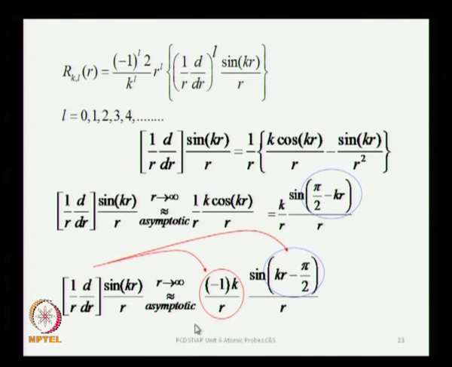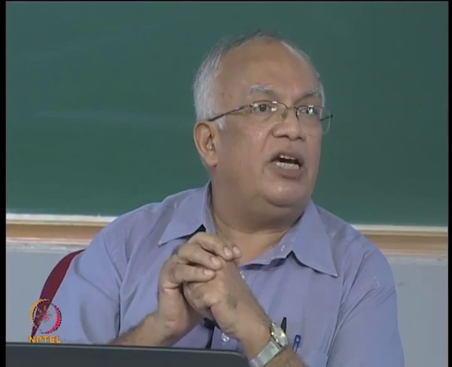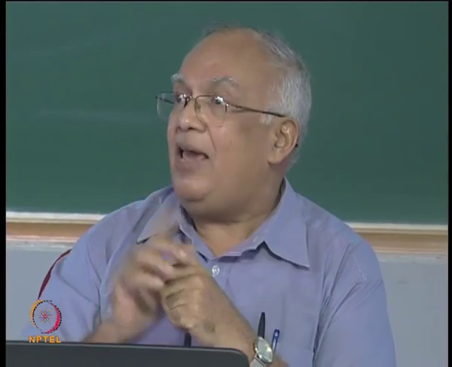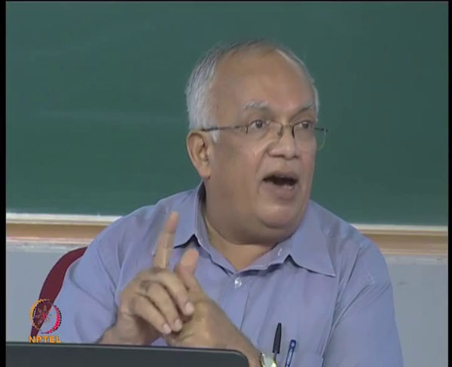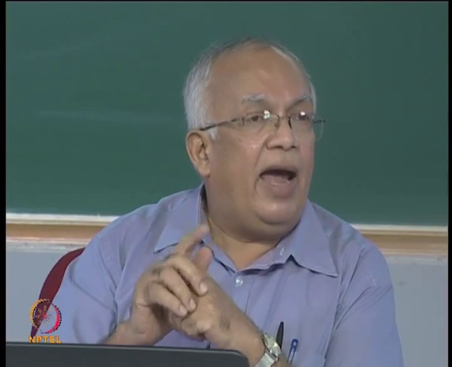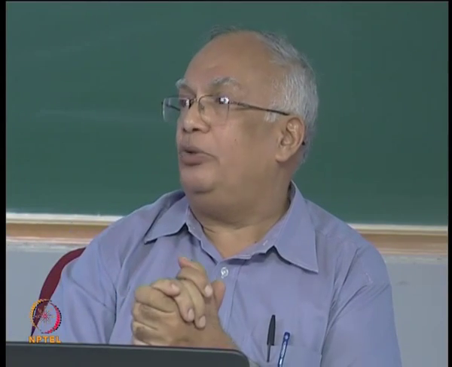You get the same solution sin kr over r, with the difference that the function must be multiplied by minus 1 times k, it must be divided by r, and the phase must drop by pi by 2.